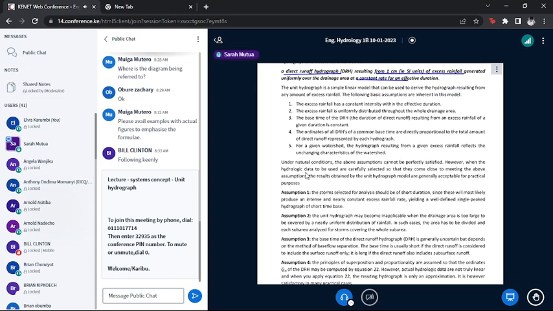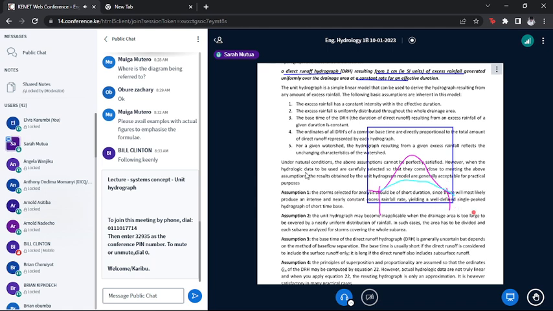What is the base time? If you have a hydrograph, the base time is the time between, and if you have calculated and determined your base flow, then your base time will be the time from the start of the storm hydrograph to the end of the storm hydrograph.